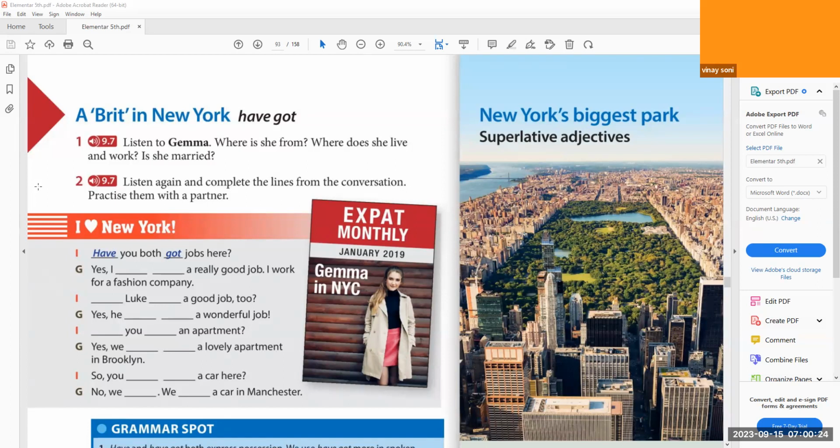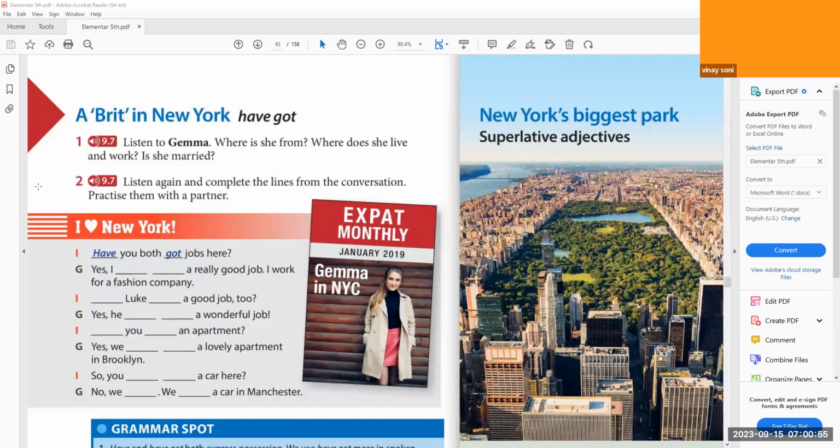So instead of saying I have a car, British people say I've got a car. Instead of saying I don't have a car, they say I haven't got a car. Instead of saying do you have a car, they say have you got a car?